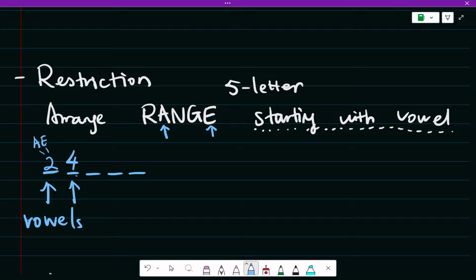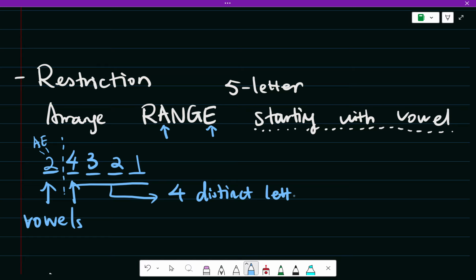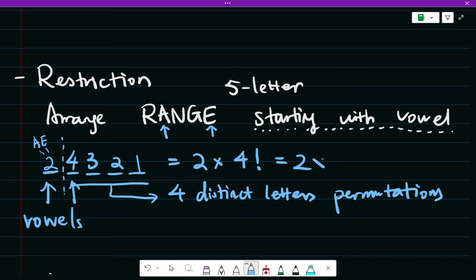So on the second position we will have 4, and then 3, 2, 1, which is the same logic. These 4 positions are 4 distinct letters permutating, and they're all different, so no need to consider repetition. So this is essentially 4 factorial. So it's 2 times 4 factorial, which gives us 2 times 24, which is 48. So this is the total number of ways that we can arrange range into a 5-letter word starting with a vowel.